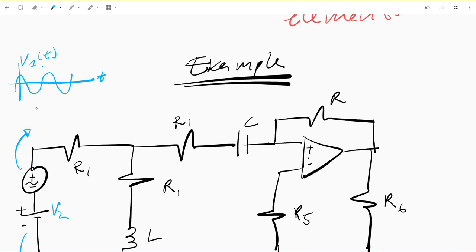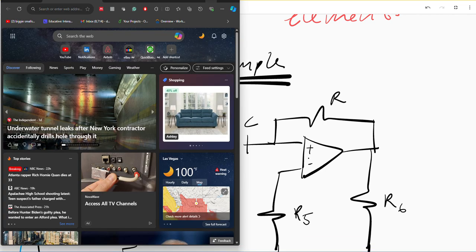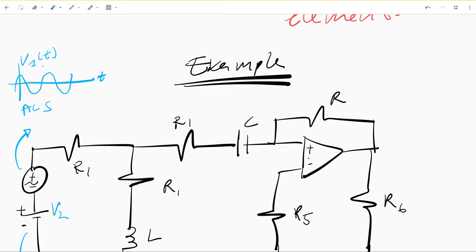So in our situation, this is an AC source with V1 of t equating to 12 cosine 327t volts.